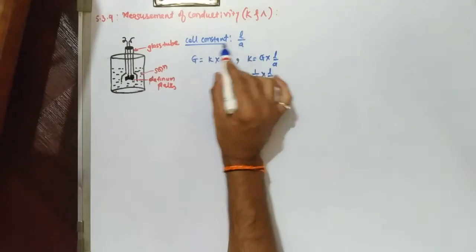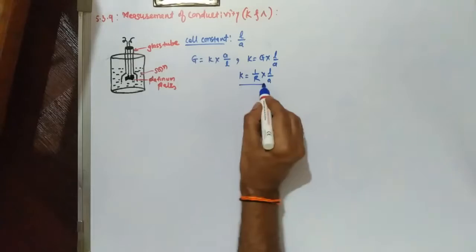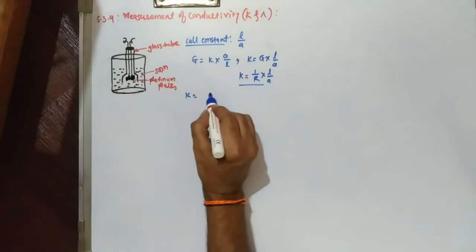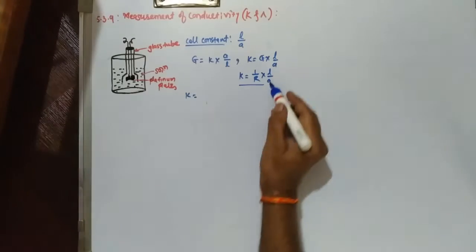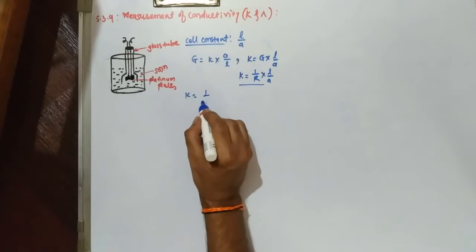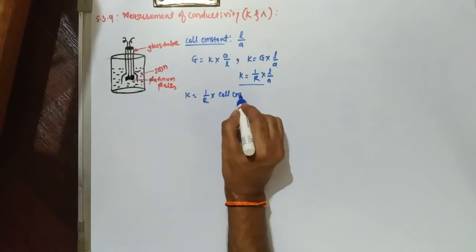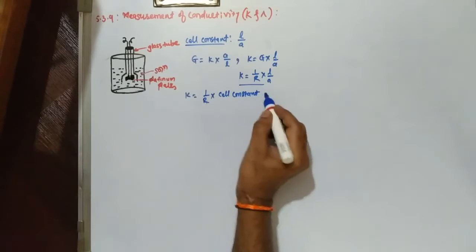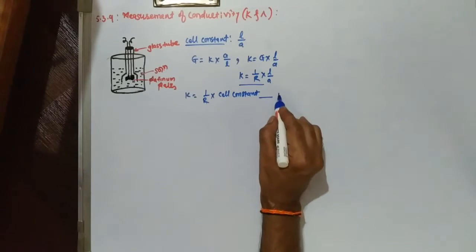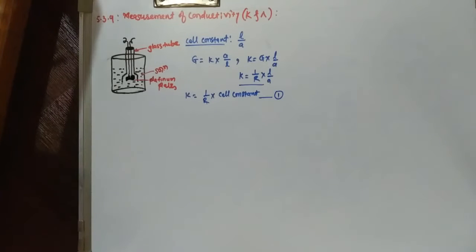As this ratio L upon A is the cell constant, we can write this equation as K is equal to 1 by R into cell constant.